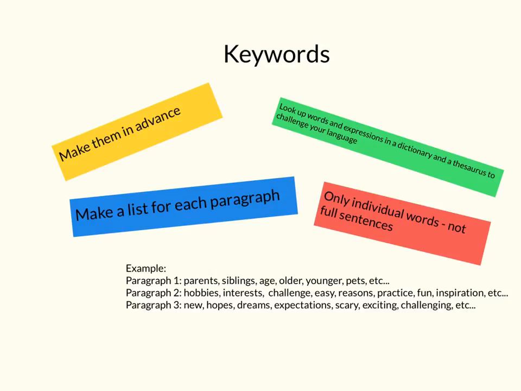In my first paragraph, I want to include information about my parents, my siblings, my own age, maybe if my siblings are older or younger than me, if I have any pets, etc. So that's my plan. You may, of course, add other relevant topics. Just include what you think is relevant and actual to present.